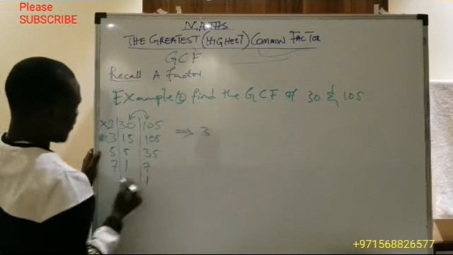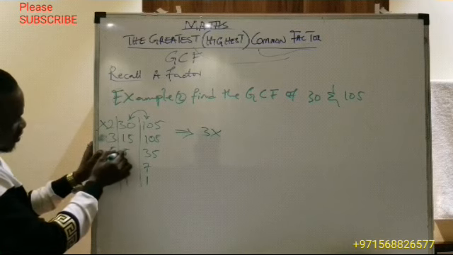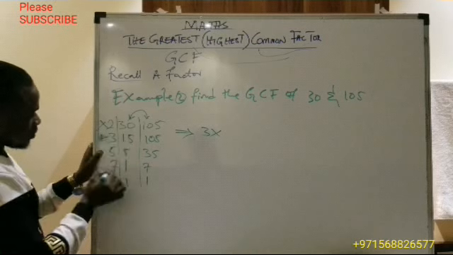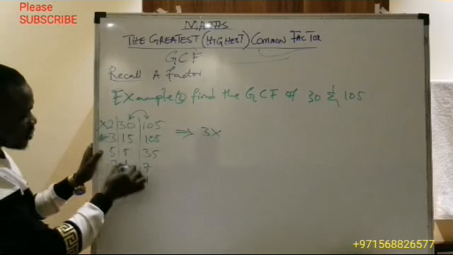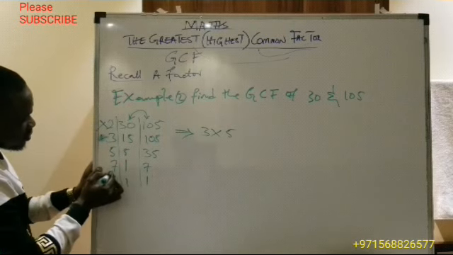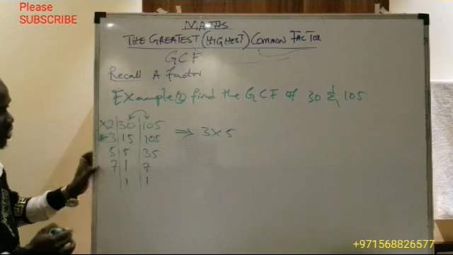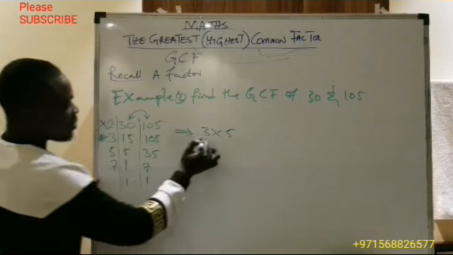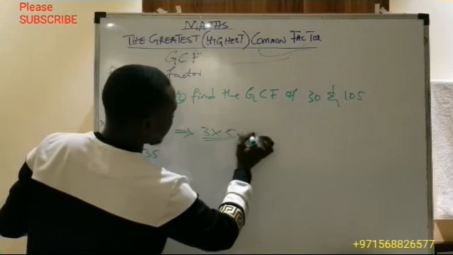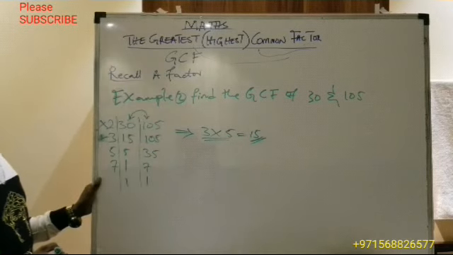Therefore, 3 is among. 5 divided 5 into 1 and at the same time divided 35 into 7. Therefore, 5 is among. 7 divided 7 but could not divide 1. It then means that 3 multiplied by 5, that is 15. This is the greatest common factor.